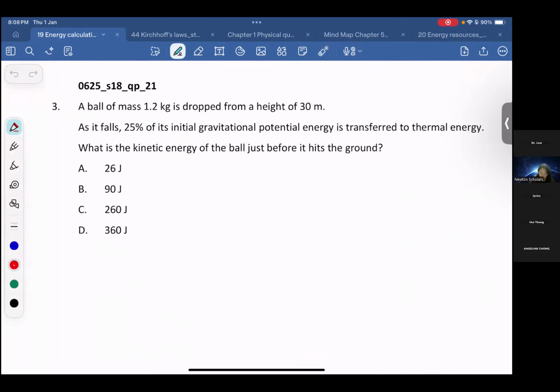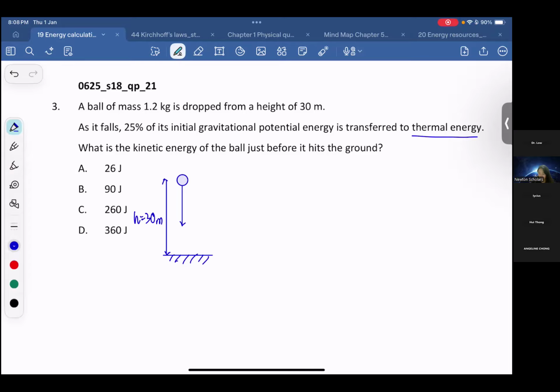Here, a ball of mass 1.2 kg is dropped from a height. So that means there is a block dropped at a height, and the height here is 30 meter. As it falls, 25% of the initial GPE is transferred to thermal energy.